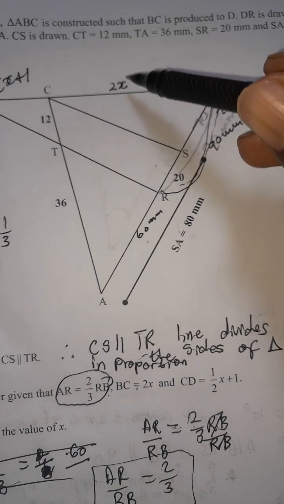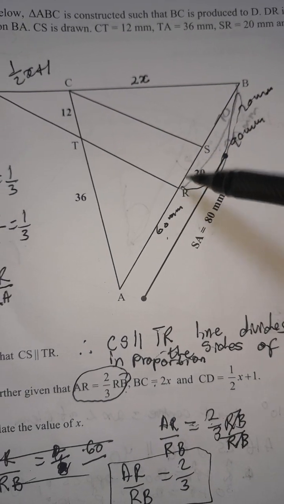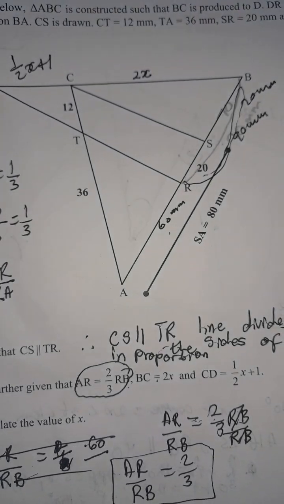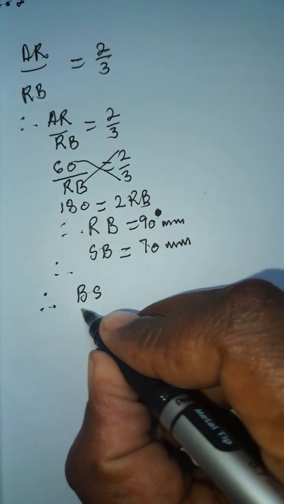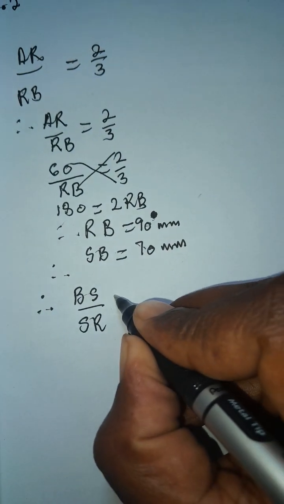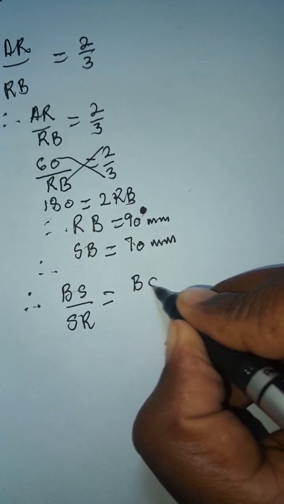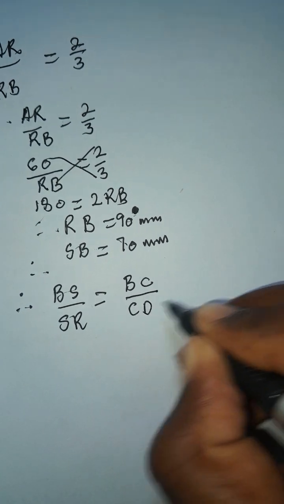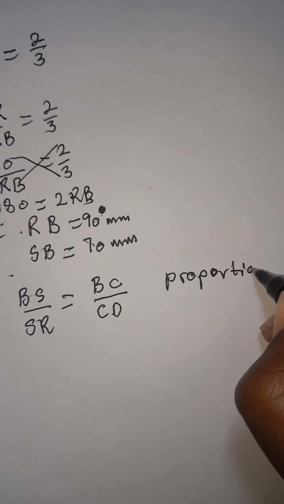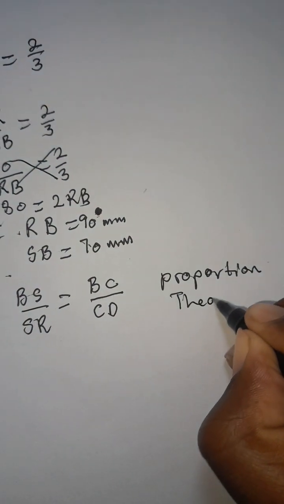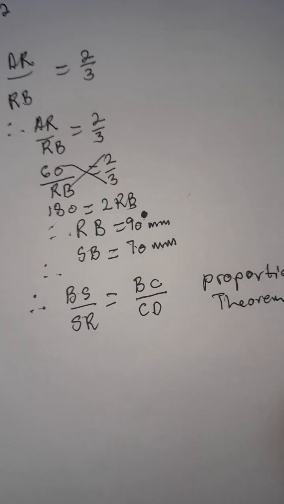BS is in proportion to BC, and we said that SR is in proportion to CD, right? So let's put that into practice. BS and SR are in proportion to BC divided by CD. The reason was the proportion theorem. Okay.